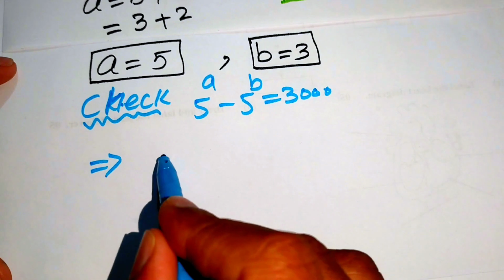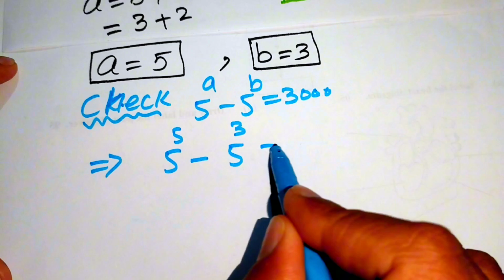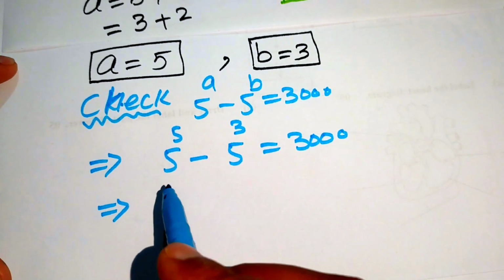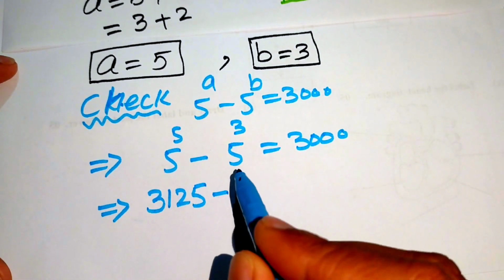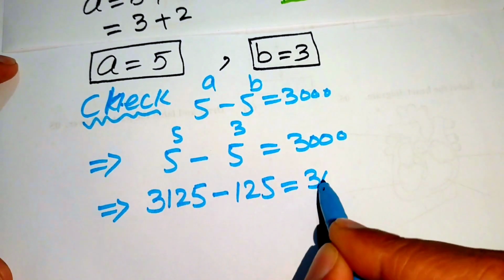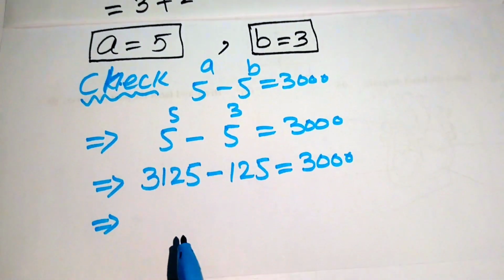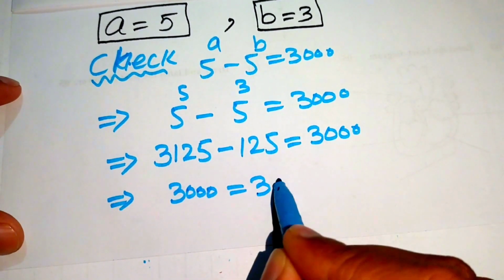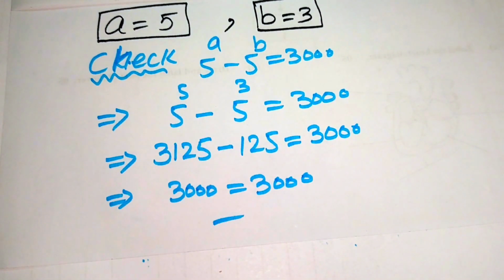The value of a is 5 and it becomes 5 to the power of 5 minus 5 to the power of 3 equals 3000, and 5 to the power of 5 equals 3125, and 5 to the power of 3 equals 125, and this whole equals 3000. So when we subtract 125 from 3125, then you will get 3000 equals 3000. So it means that the values of a and b satisfy the given question.